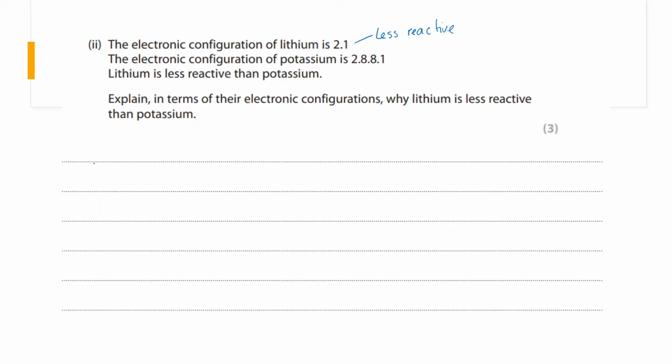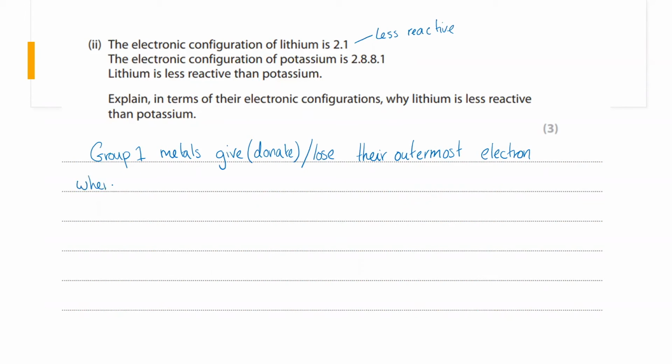They're both in group 1. Group 1 metals give, donate, or lose, all different words for the same thing, the outermost electron when they react.